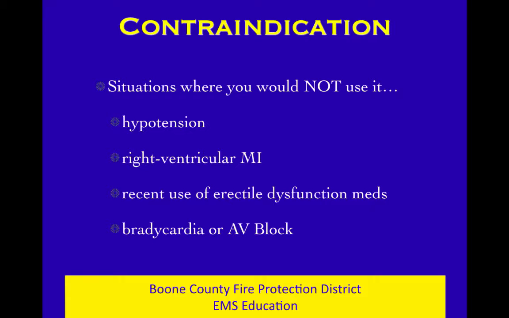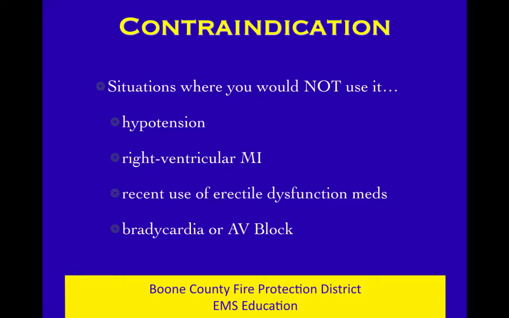For instance, the 4 contraindications that we teach for nitroglycerin are listed here. You would not use nitroglycerin when the patient's already hypotensive. You would not use nitroglycerin when the patient is having a right ventricular MI. You're not even sure how to figure that out yet. That's fine. By the end of the course, you will know how to figure that out, and you will realize why nitroglycerin is contraindicated.